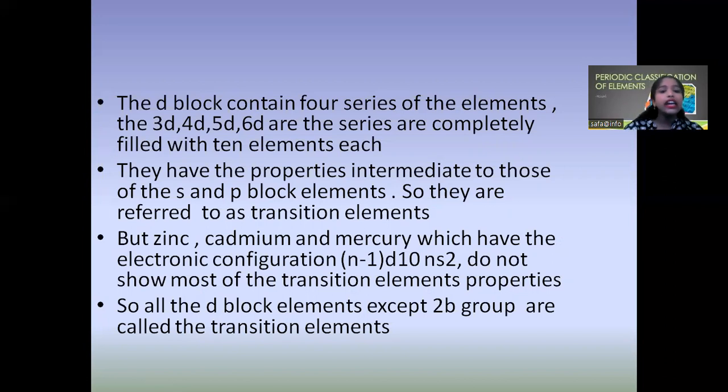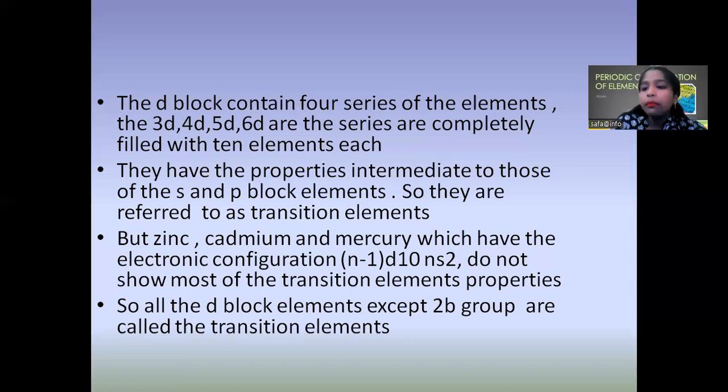So all the d block elements except the group 12 are called the transition elements. So the d block contains 4 series, the 3d, 4d, 5d, 6d series. So the whole series are completely filled with 10 electrons each.